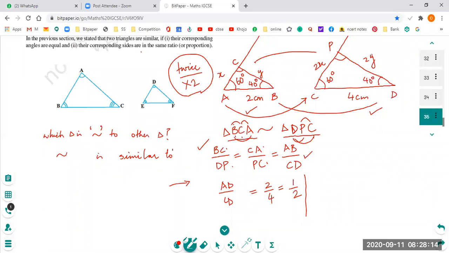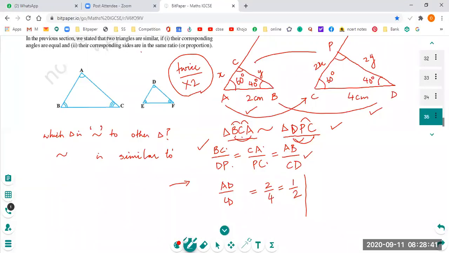So this is exactly, students, the meaning of similar triangles. These are similar triangles: angle BCA and angle DPC, or you can say triangle CAB and triangle PCD are similar triangles, or you can say triangle ACB and triangle CPD are similar triangles.